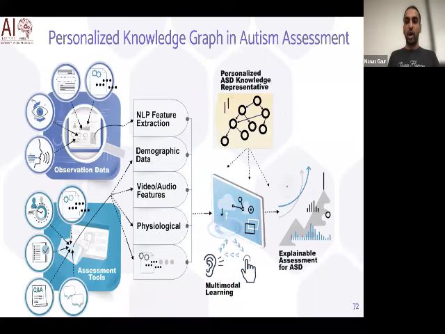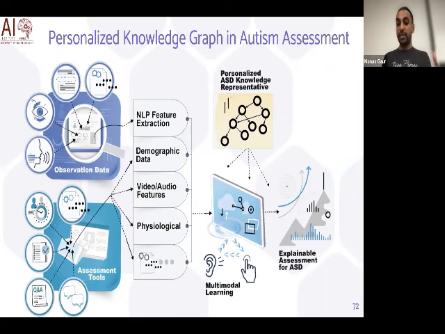So in this process of autism, I want to give you a very high-level view of the directions where we are heading with ADOS. We have observational data, which will contribute to our NLP feature extraction pipelines. But we also have assessment tools data, which is question answering, questionnaires, lab reports, and so on, which form other features of the data, including the process knowledge. And we want to train the model in this multimodal fashion so that it yields a vector that will tell me to what degree of severity a child possesses autism.